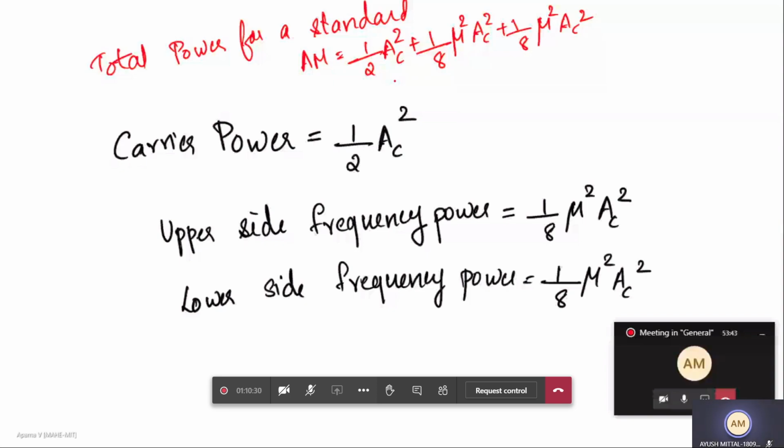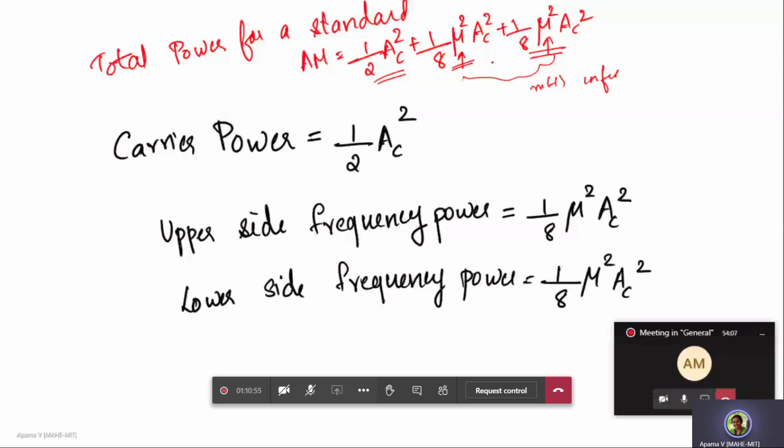This part has the maximum power, whereas the upper sideband and the lower sideband give us the mu term, the modulation index or the percentage of modulation. These two contain our message signal information, but the power is comparatively less for them.